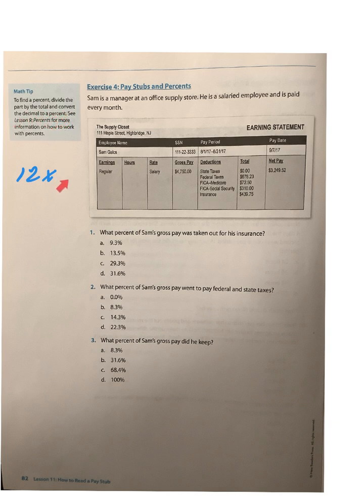So we're going to divide the part by the total and move the decimal 2 places. So his gross pay was $47.50. That is the total.